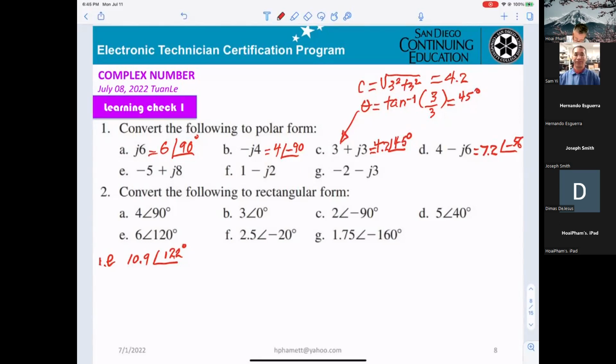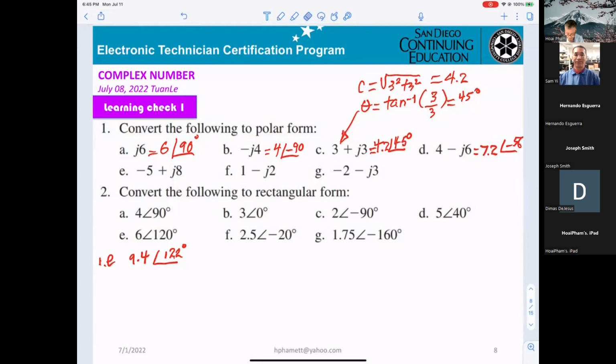So 25 and then 64. 25 and 64 is 89. You take the square root of 89. That's the correct answer. Square root of 89 is 9.43.